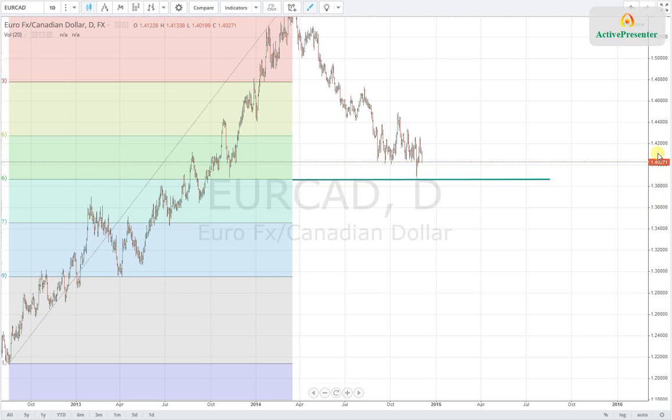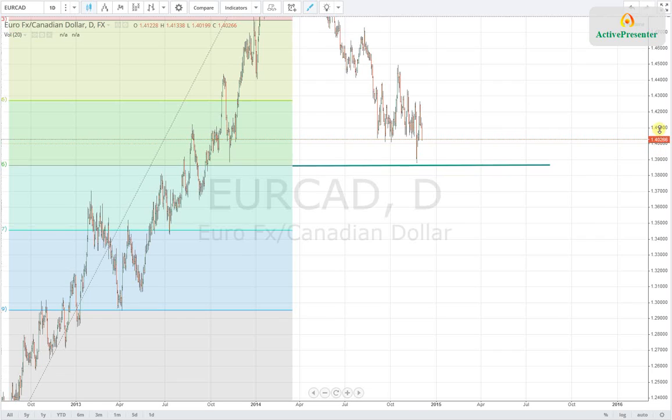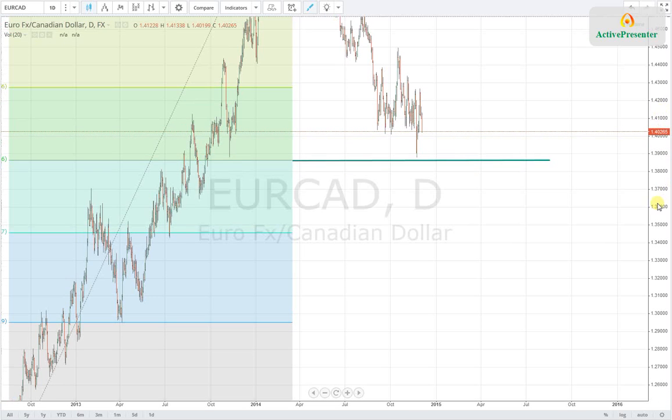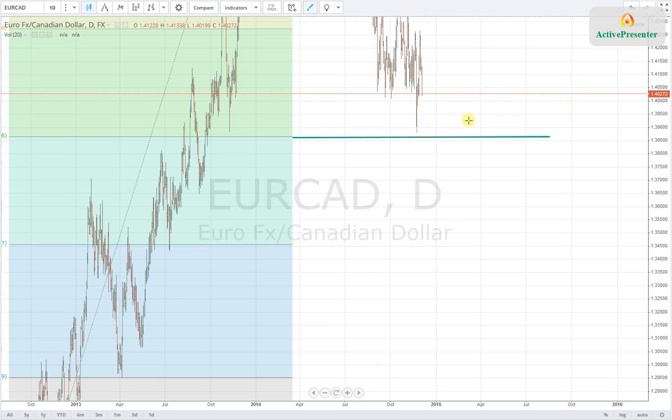But what is advantageous for the current trading moment is that you can see the target has been left behind by barely around 30 to 40 pips.